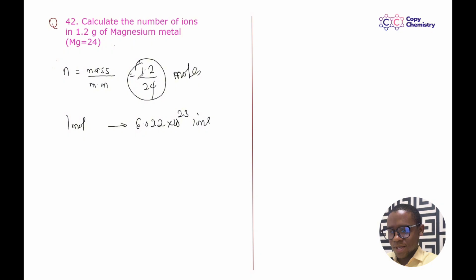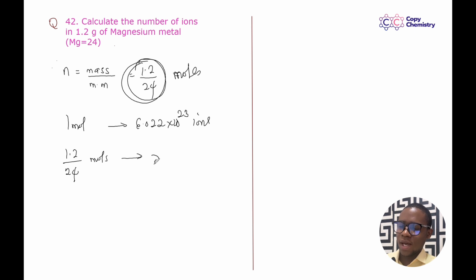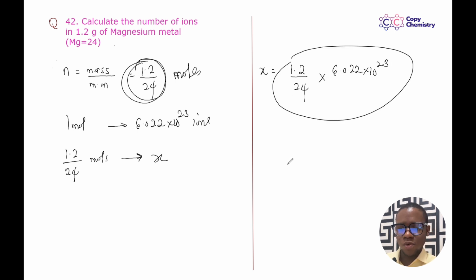So if we now have this amount of moles, we are going to have X magnesium ions. So your X then becomes 1.2 divided by 24 multiplied by 6.022 times 10 raised to the power 23. Whatever this gives you becomes your answer.